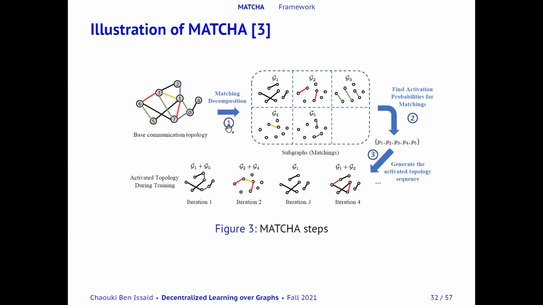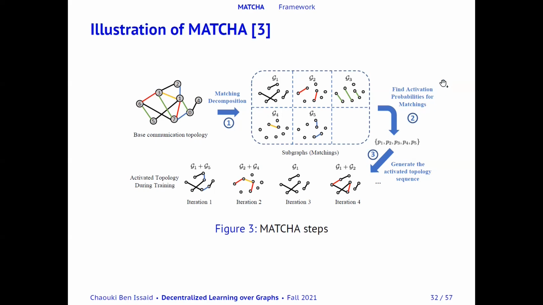In this illustration, we can see that the basic communication graph can be decomposed into different matchings, where each color corresponds to a different matching. In this case, we have 5 matchings: G1, G2, G3, G4, and G5.